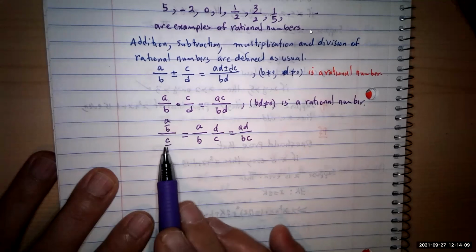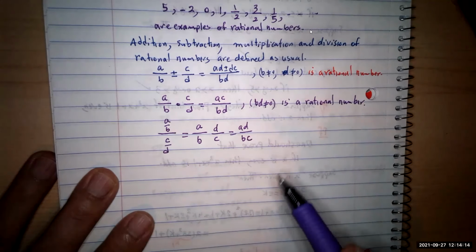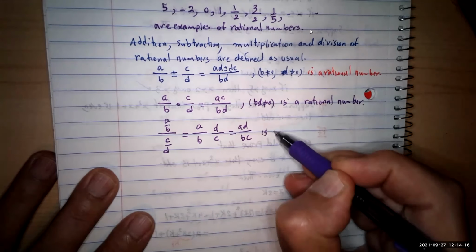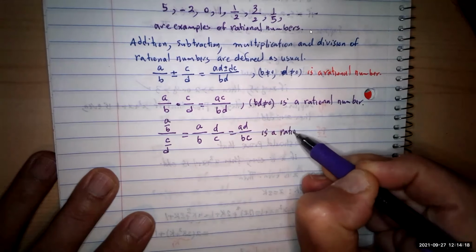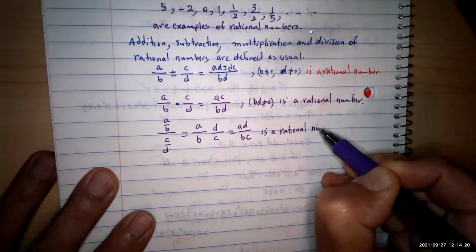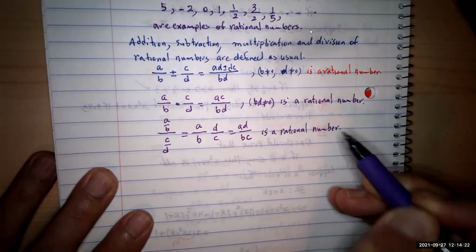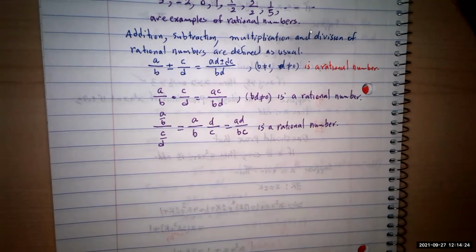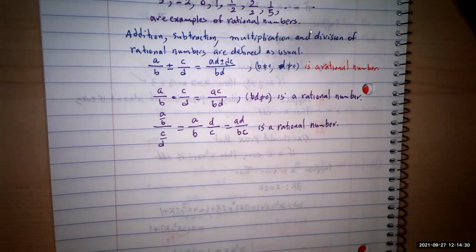Of course, when you divide, C is never zero. So this is also a rational number. Usually we talk about addition and multiplication, because subtraction is the opposite of addition and division is the inverse of multiplication. So we just need those two.